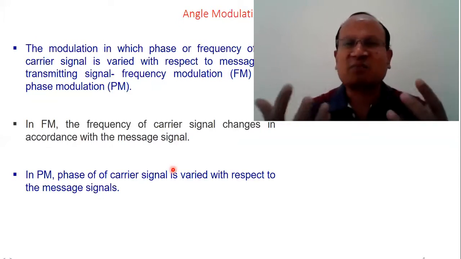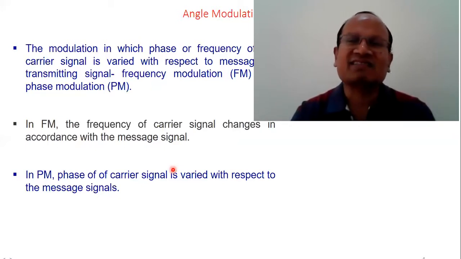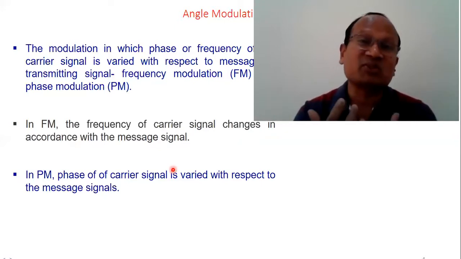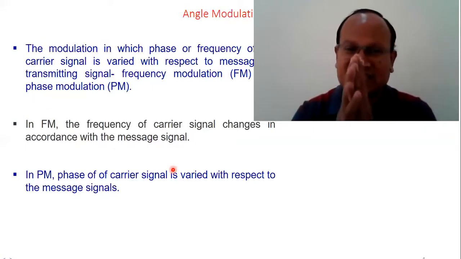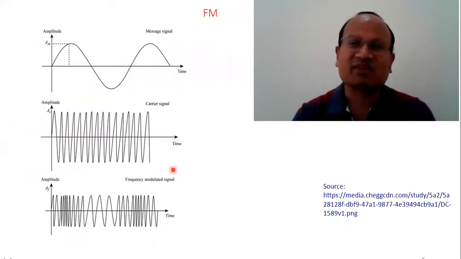When the response is directly to the instantaneous value, it's actually frequency modulation. When the response is to the derivative of the modulating signal, it's probably the phase modulated waveform. So there is a thin line between phase modulation and frequency modulation.